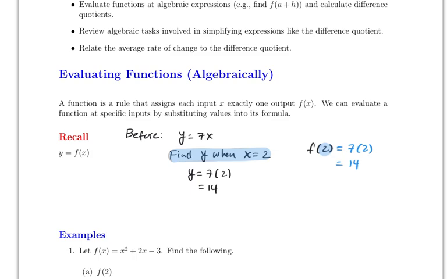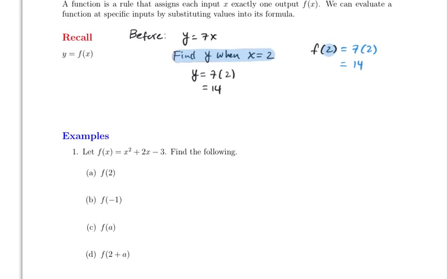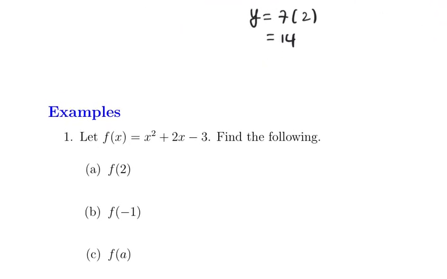All right, so let's start by evaluating these functions. So this means what is the value of y when x is 2, or just plug in 2. This one is x squared plus 2x minus 3, a minus 1, and a plus 2. So let's start with this one. So just plug in 2.